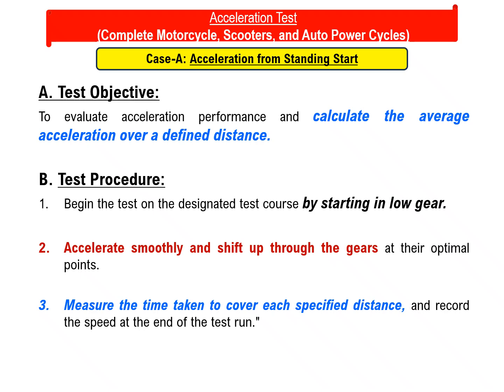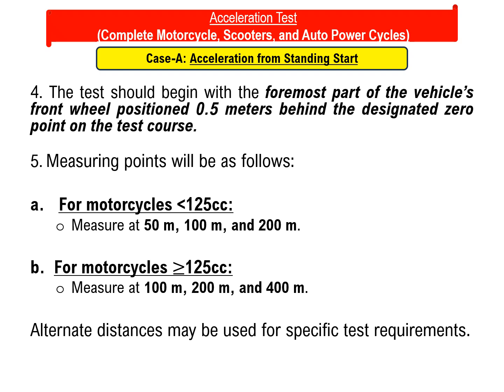Measure the time taken to cover each specified distance and record the speed at the end of the test run. The test should begin with the foremost part of the vehicle's front wheel positioned 0.5 meters behind the designated zero point on the test course.